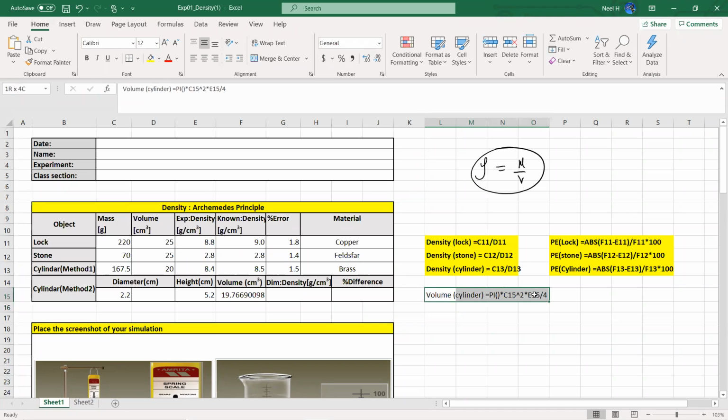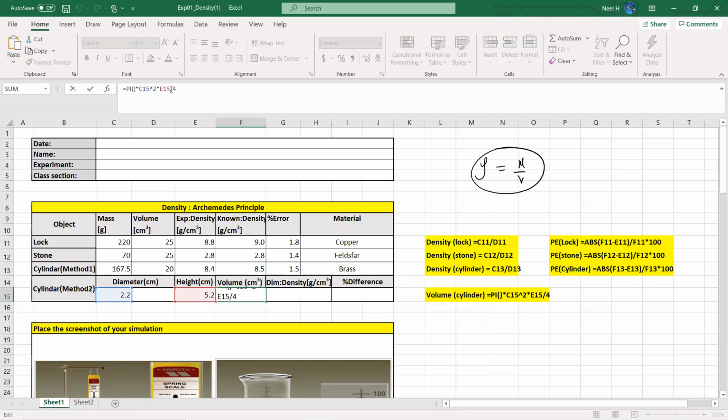Okay, question. Can you repeat that? Function is right here. Can you see the function? PI, uppercase, open close bracket, multiply by C15 hat number 2, multiply by E15, divide by number 4.